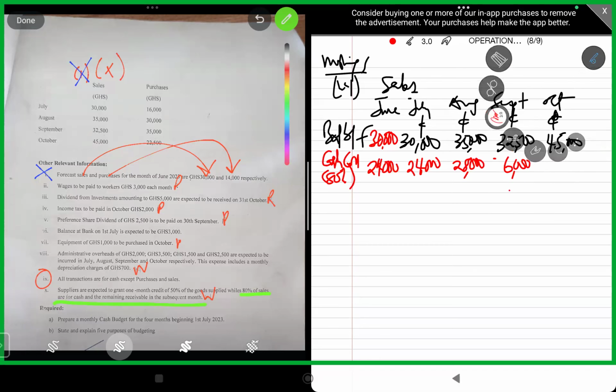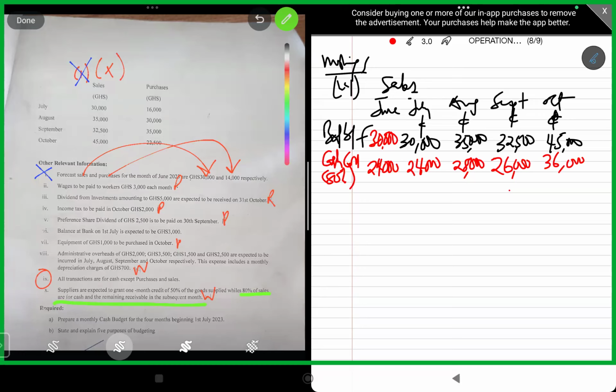Then October: what's the figure for October? 36,000. If you make it wrong, the work will not balance. So pay attention.